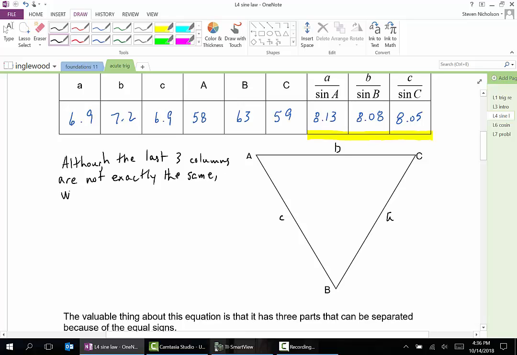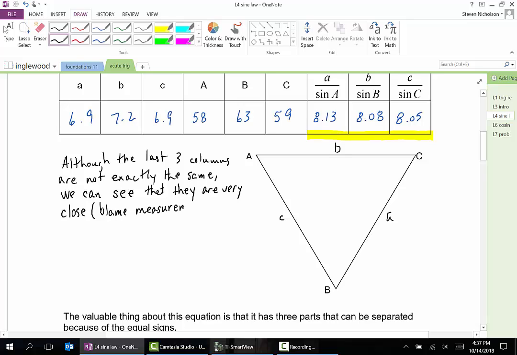We can see that they are very close, and very close meaning they're equal, and we're going to blame measurement error.